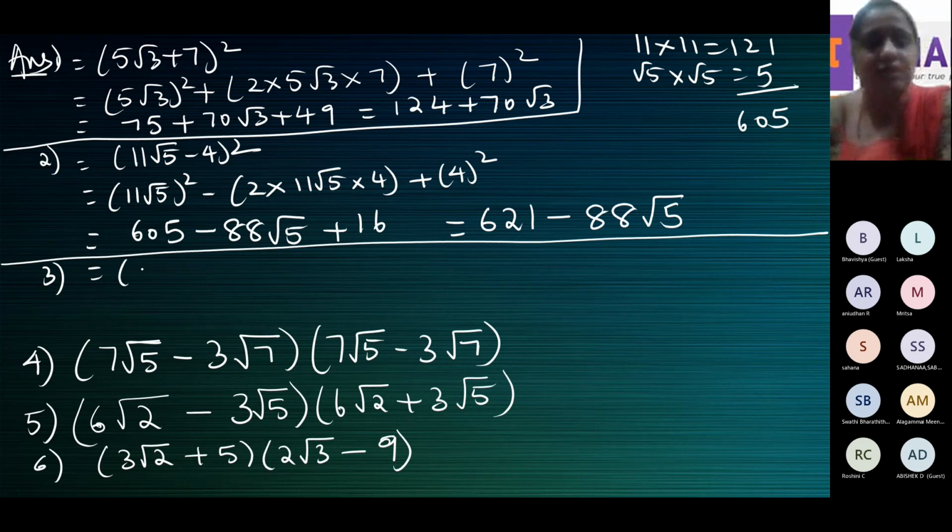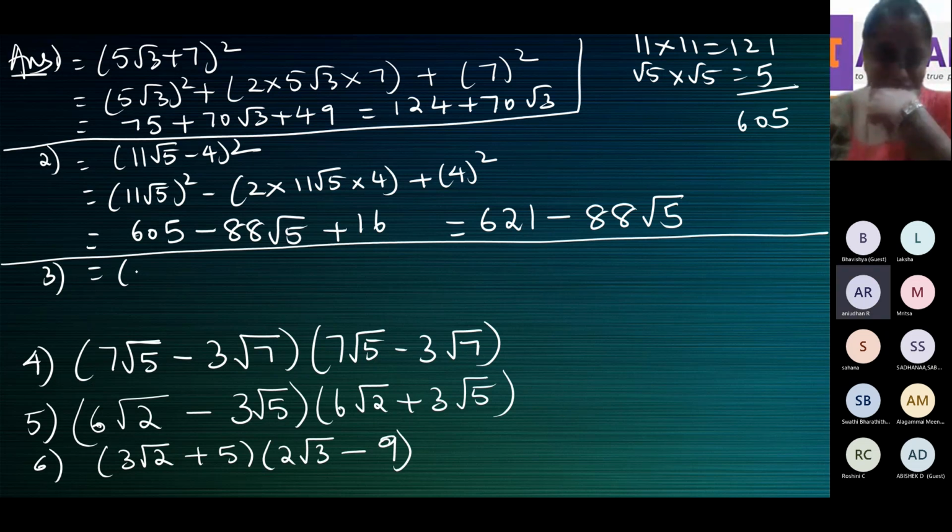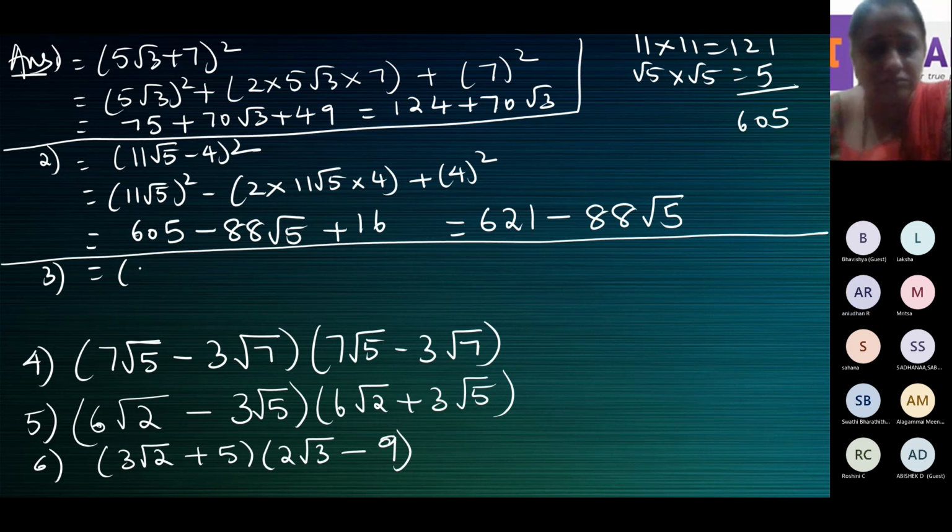What the whole square? No, read out your steps. Okay, x plus y whole square. x is equal to 3 root 2, y is equal to 4 root 3.